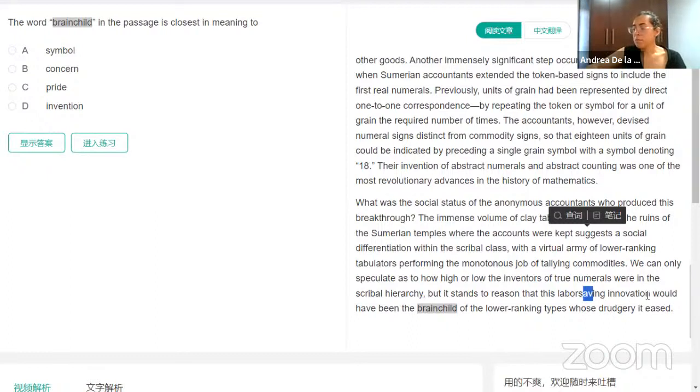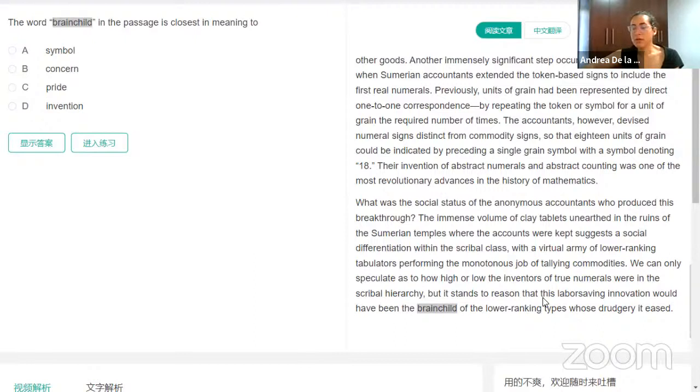Es decir, del estado social bajo, de quienes cesó su drudgery, significa su esfuerzo, ¿no? Como una pena. Entonces, que les ahorró mucho esfuerzo.